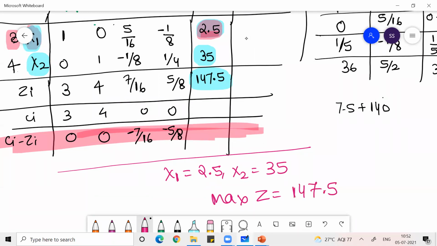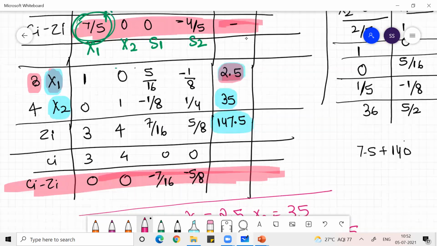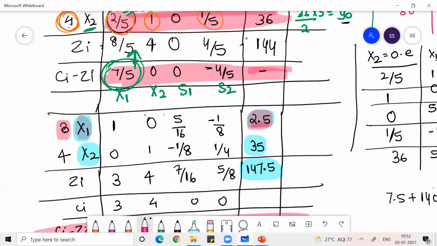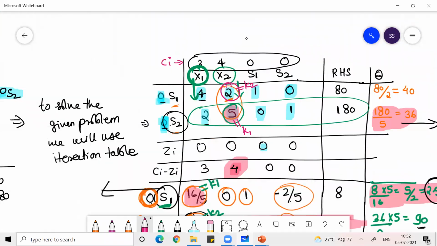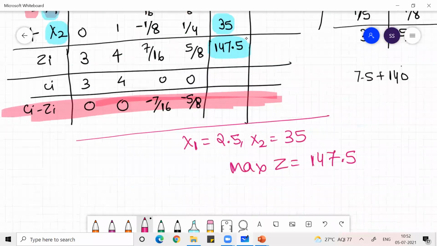Clear? So we got the same thing when we solved by the graphical method or by using the Excel solver function. You can check, we have already solved this problem by using graphical or by using MS Excel solver. There also we got the same answer. I hope you remember.